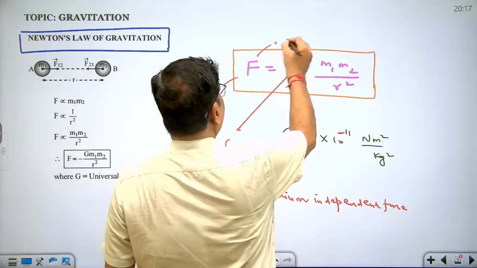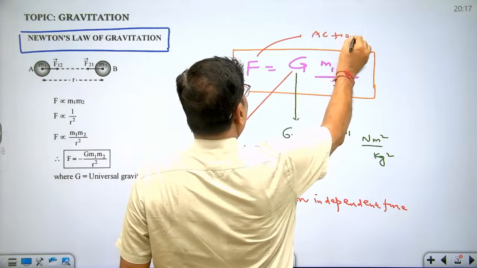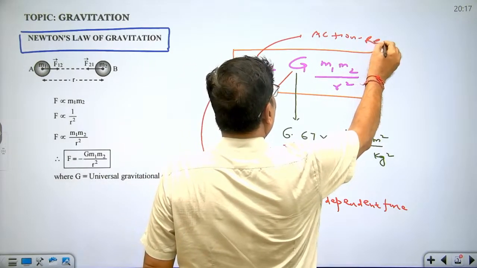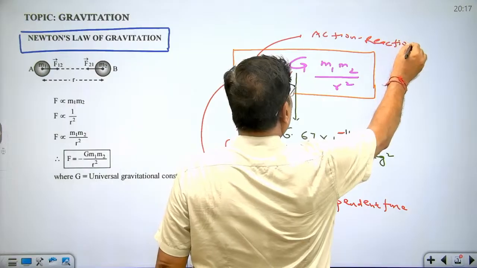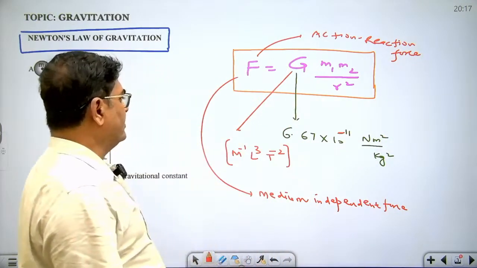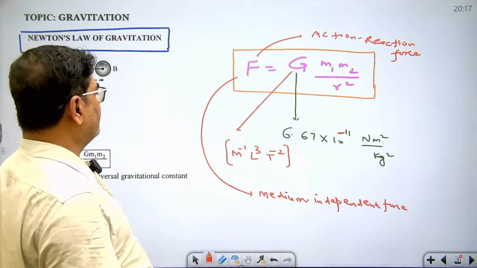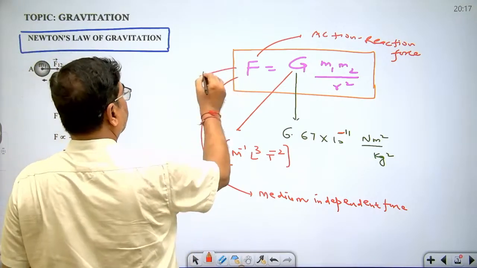Gravitational force is an action-reaction force. The value of capital G is constant everywhere, and this force is always attractive.